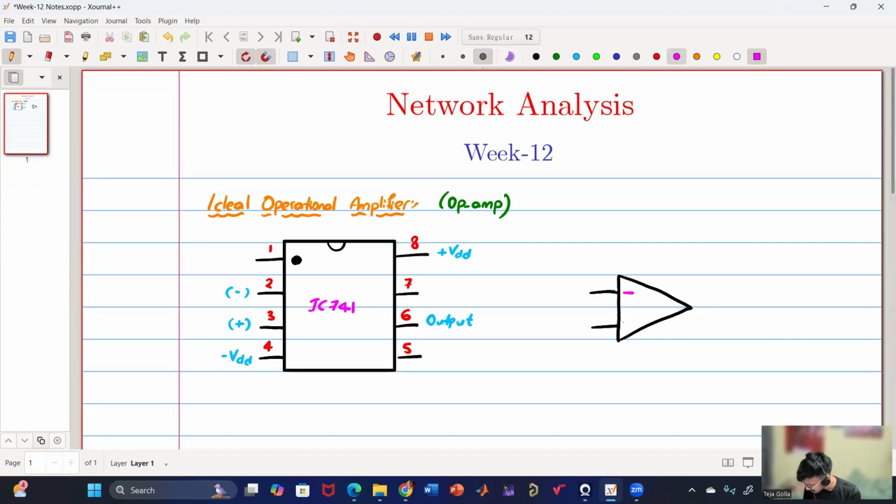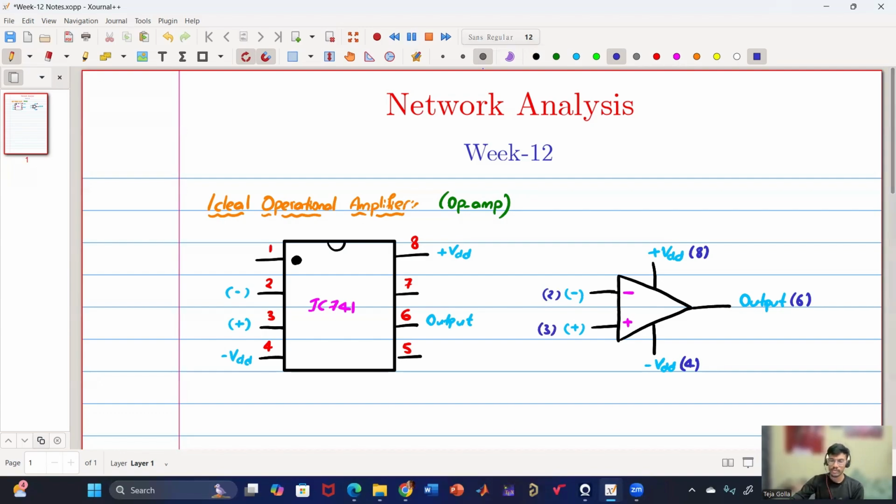This is the minus, this is the plus, we also have the positive and negative supplies, and this is the output. So this is our plus VDD, this is our minus VDD, and this is the output; this is the negative terminal and this is the positive terminal, the inverting and non-inverting inputs. In numbers, this is pin 8, this is pin 4, this is pin 6, this is pin 2, and this is pin 3.